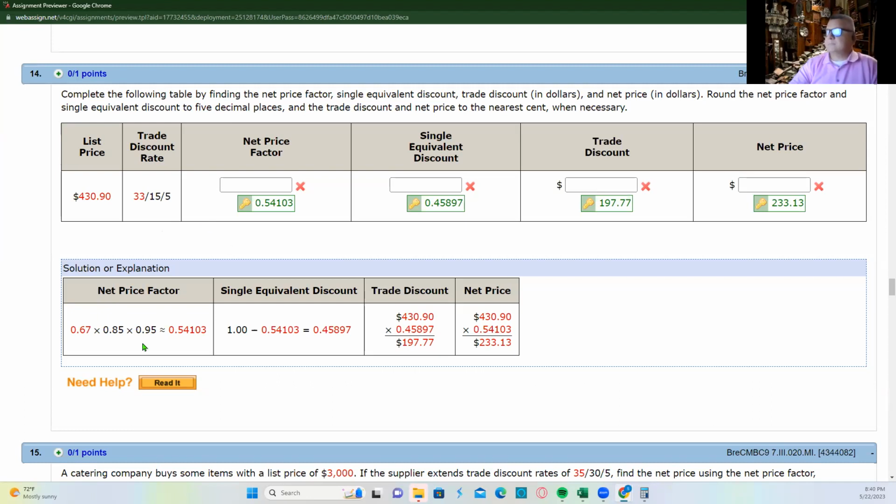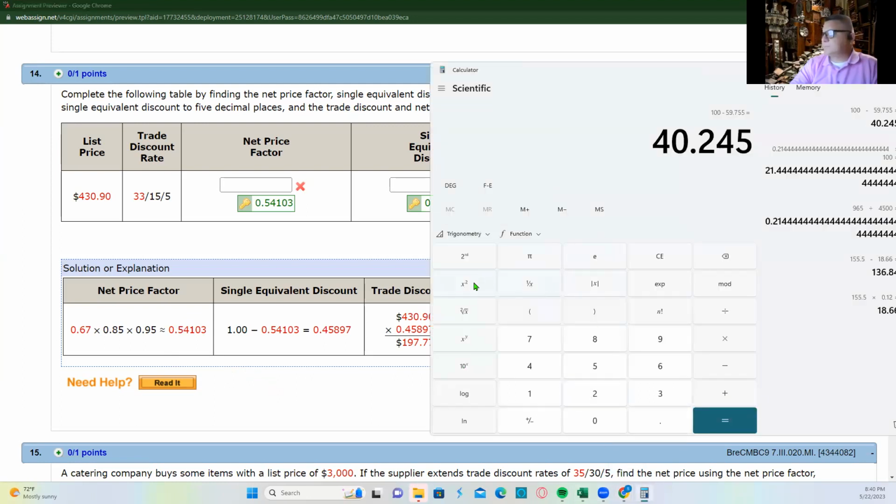Net price factor: 100 minus this, 100 minus this, and 100 minus this. All of them put in decimal form and multiplied together. Now, here's a new symbol, the little squiggly equal sign. That means approximately equal to. So when you see that, they're telling you that this thing goes much further out. And we can always look and see how much further out it goes.